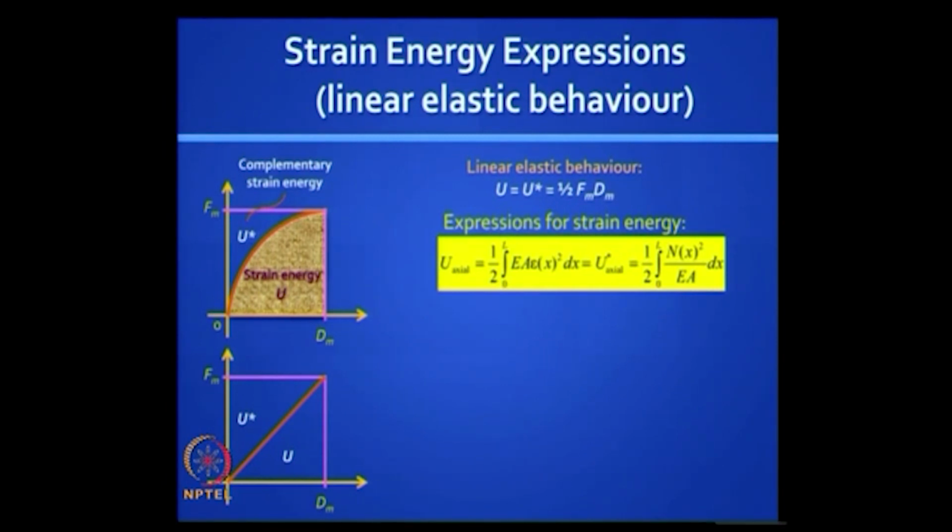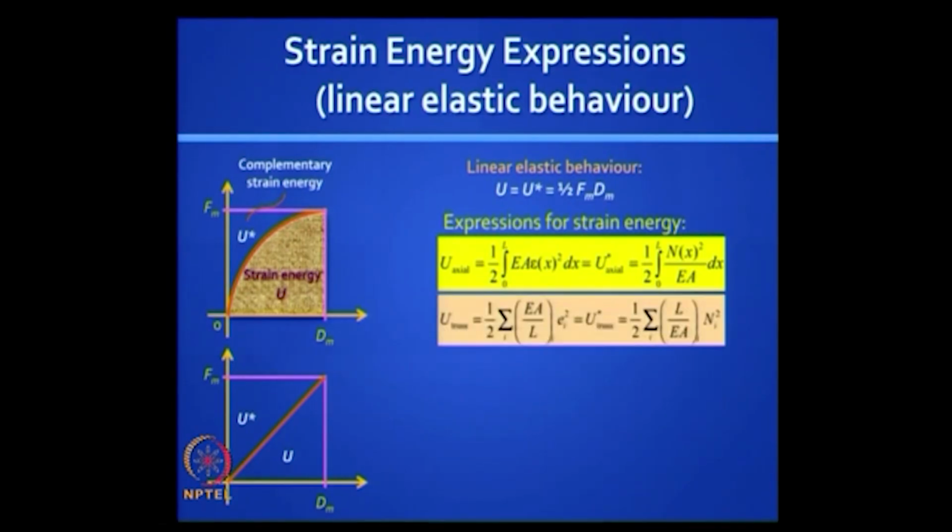So you have axial strain energy, this is the expression. You have two forms. In one form you express it in terms of the displacement or the strain, in the other form you express it in terms of the force. Both are equal, u and u star. This is the expression for a truss which is made up of many members. So you just have to add up the strain energies in all the elements, and you are familiar with this, the factor half comes.